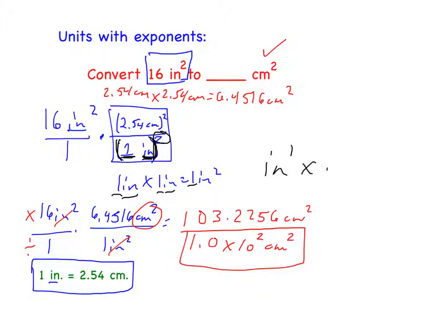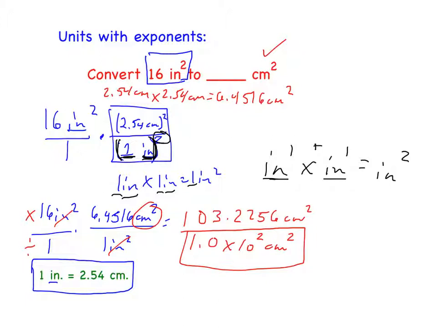Alright, 1 times 1 is 1, and then the unit inch is actually raised to the first exponent, and then this unit inch is raised to the first exponent, and then your algebra property says that whenever you are multiplying something with the same base, then you can add the exponents together. Okay, so that's why you end up with inches squared, because 1 plus 1 is 2.